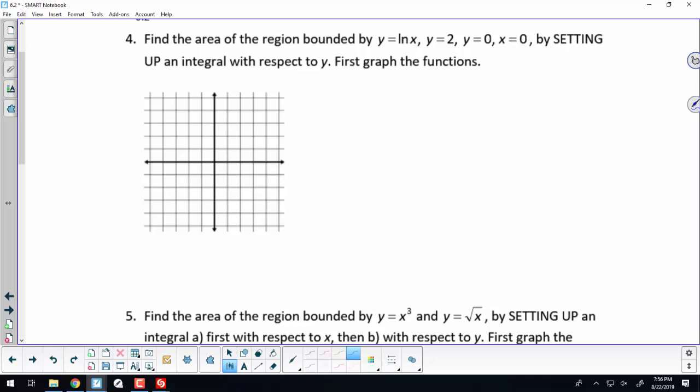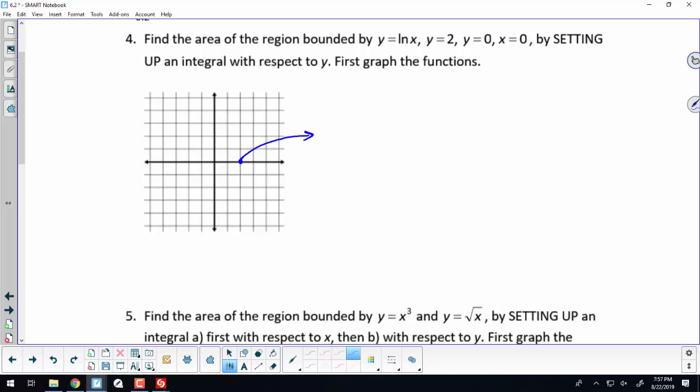Okay, so find the area of the region bound by the natural log of x, y equals 2, y equals 0, x equals 0, by setting up an integral with respect to y. Okay, so let's just draw our axes. 2 is the biggest one we have, so let's do each tick mark as 2 units.